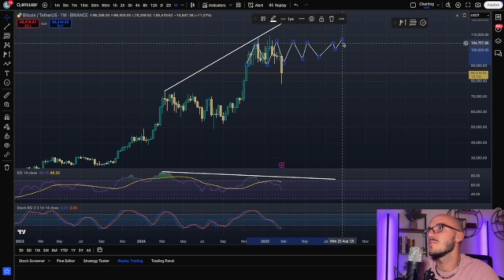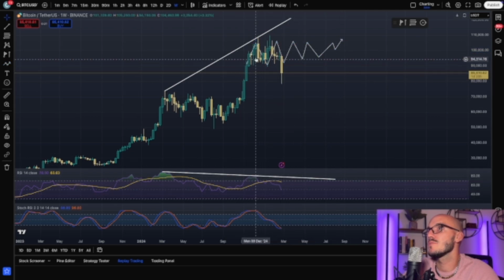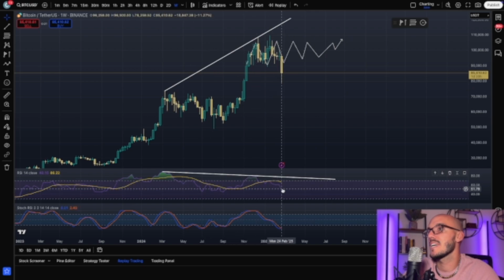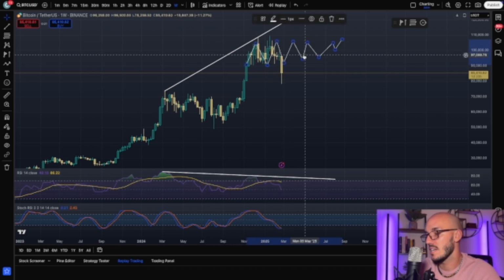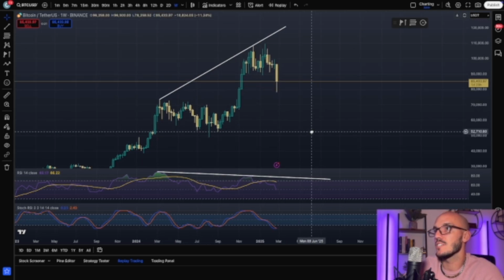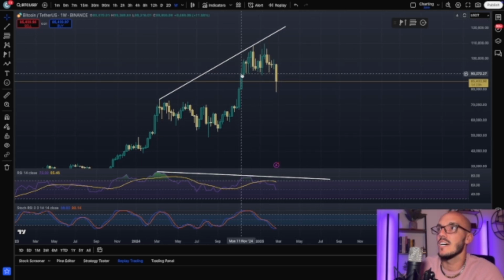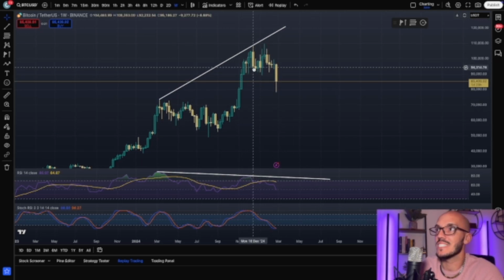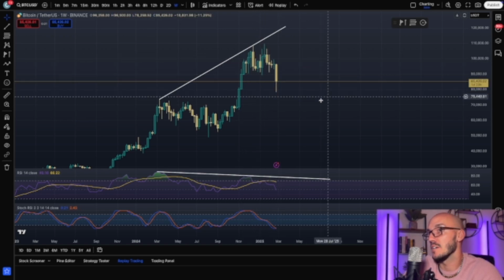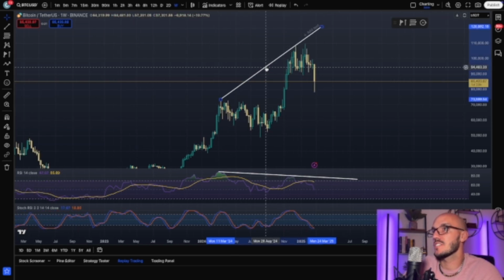You got that divergence, it could do something like that before the next leg up as the momentum indicator, the RSI, starts to reset. But when you get a divergence like that, you should anticipate at least a slowdown in bullish momentum, sideways price action, or you can start to look for a dump. Okay, so that's a bearish divergence.